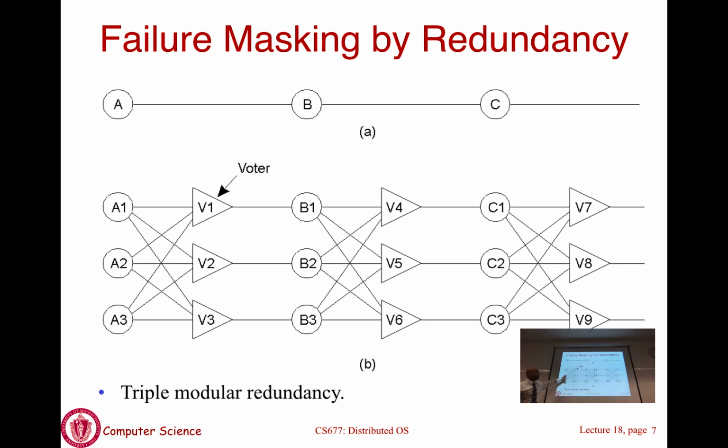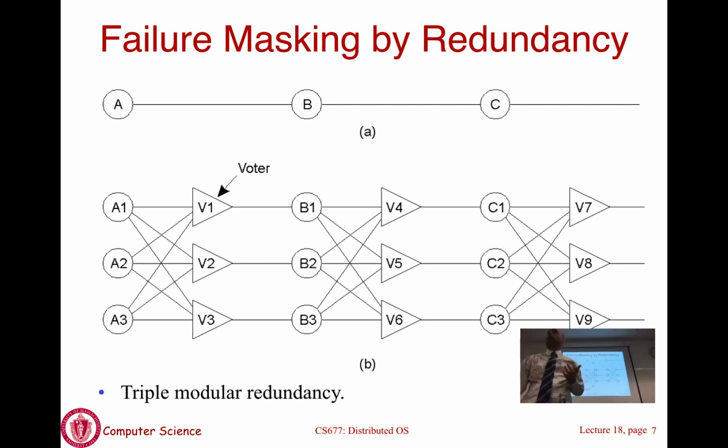What is shown on the second figure here is where you replicated each stage. There are 3 copies of A, 3 copies of B, 3 copies of C, and there's a voter. The voter is essentially going to take the output of the previous stage and pick the majority.